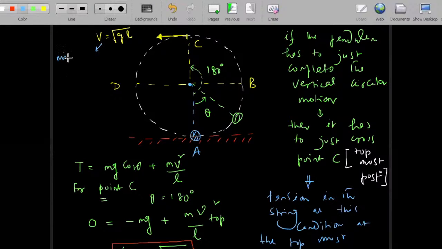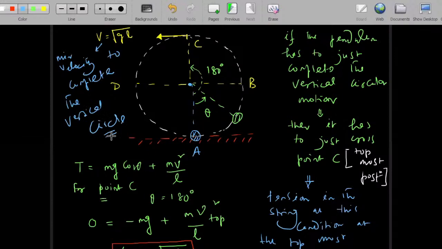This is the minimum velocity to complete the vertical circle. If a particle has a velocity more than that, no problem. But minimum you need that velocity. Okay?